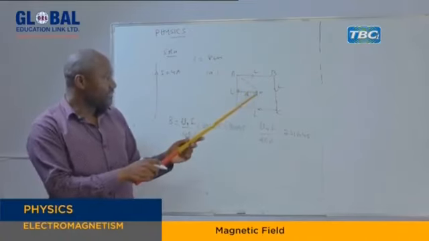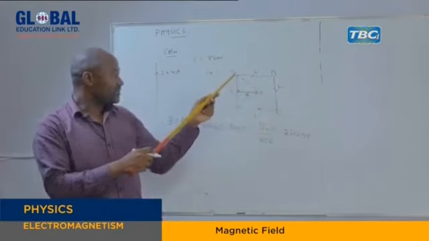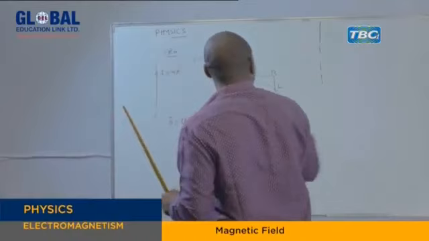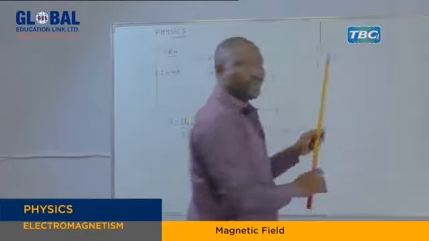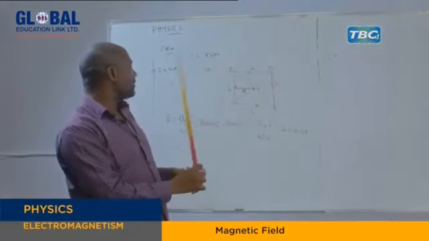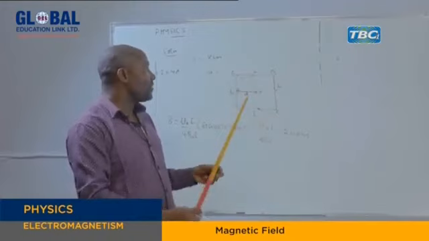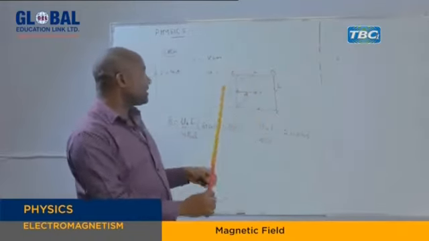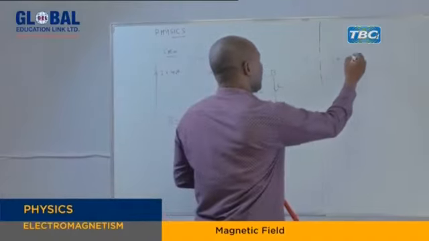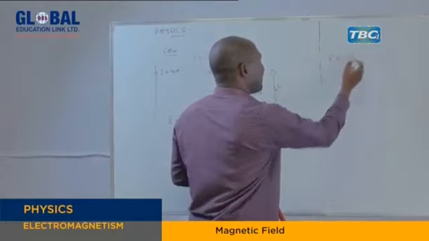D is the distance from the center of the loop, which is the square, to this line. How do you get that? We know that the length of the wire, L, is given. This is 8. When we talk of the length of the wire, it's the same length, but it has been bent to form a loop. So how do we find the length? The circumference of this square is given by 4L. So let's take this 8 equals 4L.